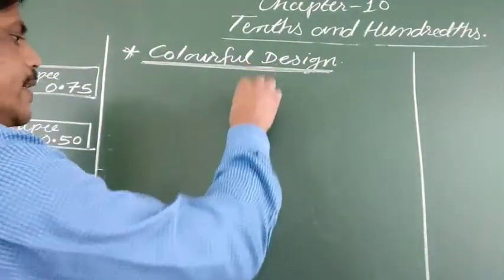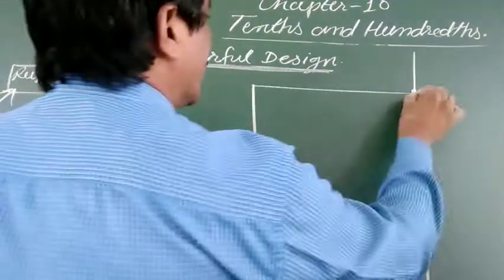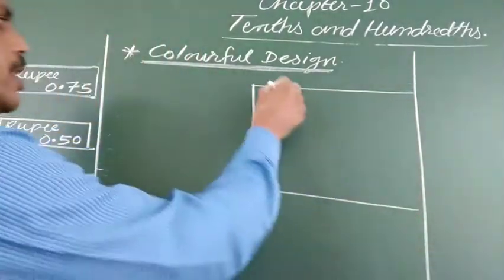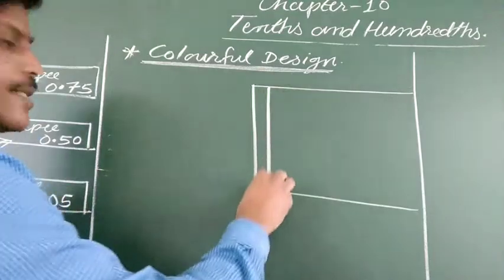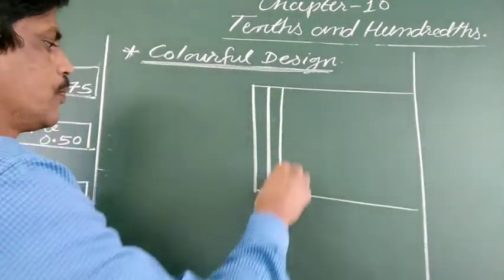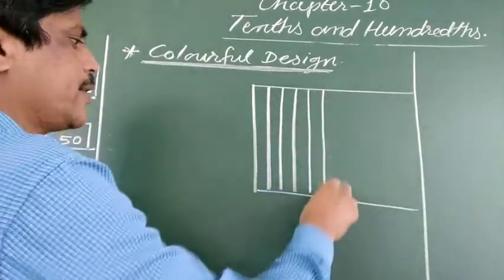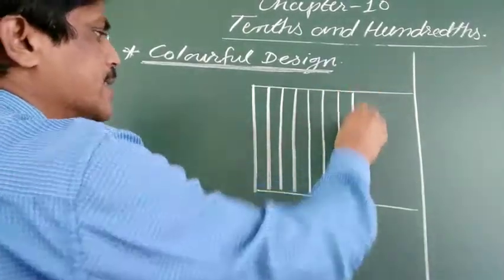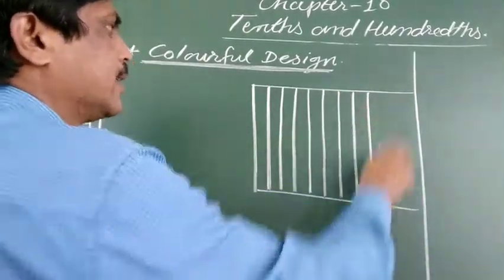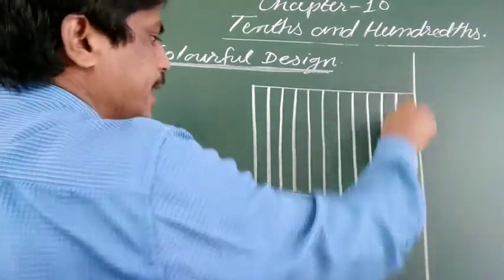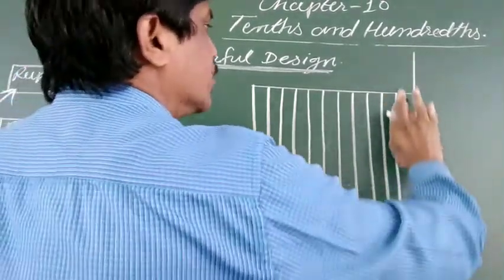If a picture is given here, beta, this type of one box is here and this box is divided into 10 equal parts like this. 1, 2, 3, 4, 5, 6, 7, 8, 9 and then 10. So this tray is divided into 10 equal parts.